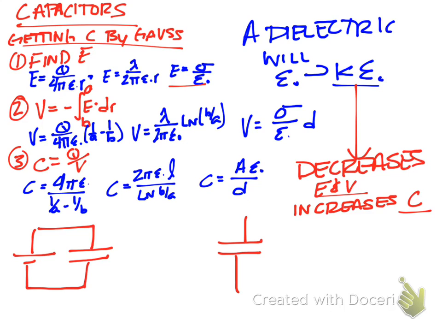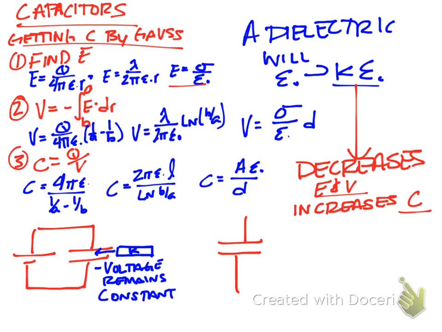If we charge up a capacitor attached to a battery, and then we take a slab of dielectric material, dielectric constant kappa, and slide it in here, the voltage remains constant, because we're hooked up to a battery, so that's not going to change.